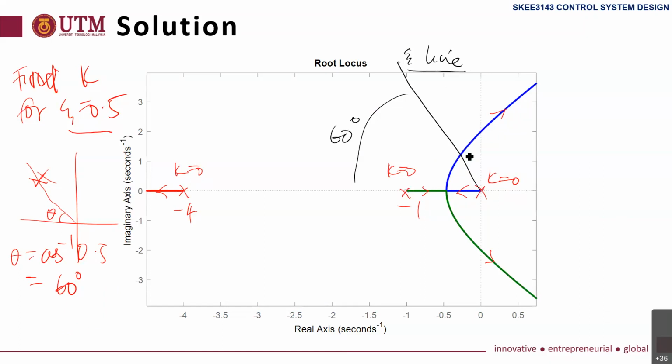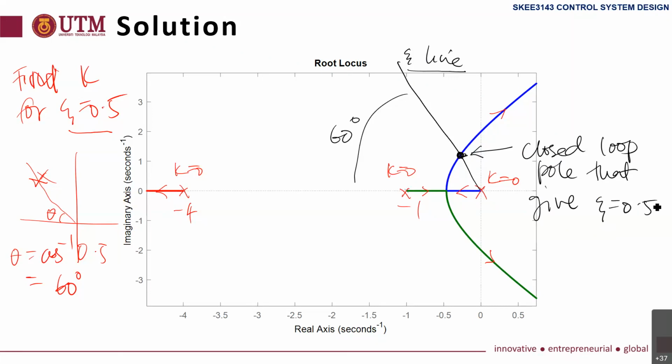So that we get this point. This is the closed loop pole that gives zeta 0.5. Any question on how to obtain this point? How can we obtain that point? Any question? Have you done it yesterday before the class?